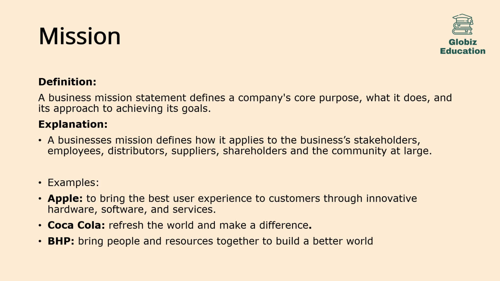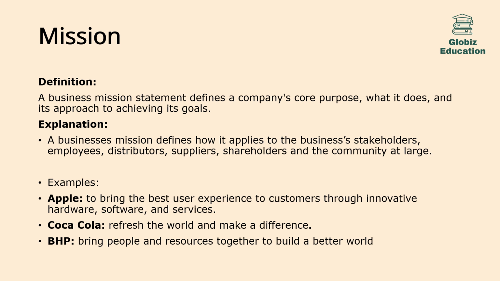So the first section of the strategic plan is generally the mission and objectives section. I'm sure from Year 11 you might remember that a business mission is a statement about a company's core purpose, what it does, and its approach to achieving its operation and goals. So it defines its relationship with all sorts of stakeholders, from its customers through shareholders and the community at large.